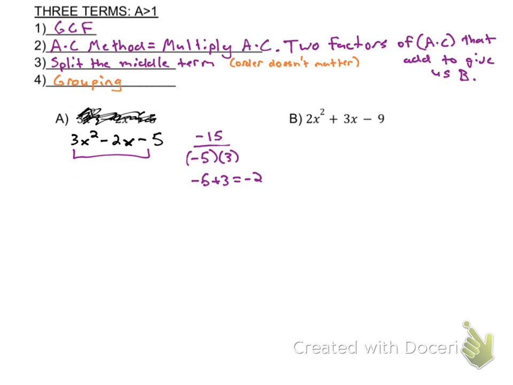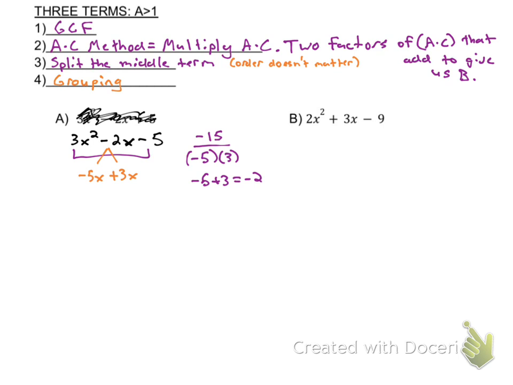All right. So our next step is we need to split the middle term with our two factors of AC that add to give us B. When we split the middle term, that order doesn't matter either.